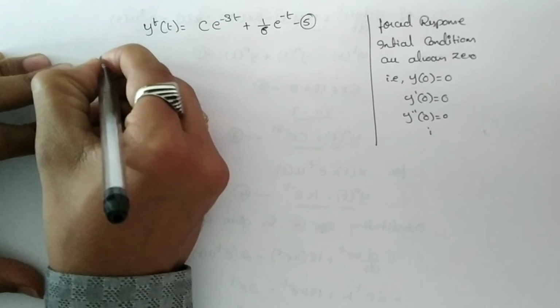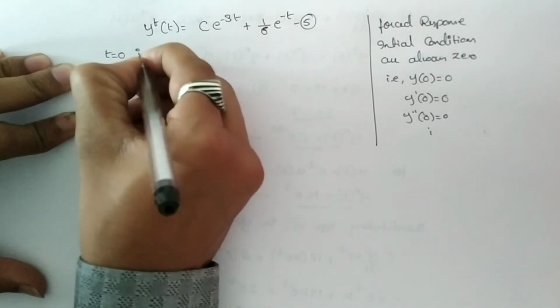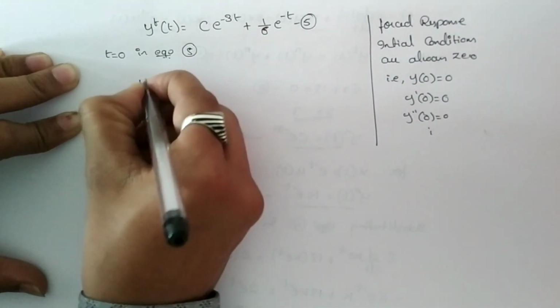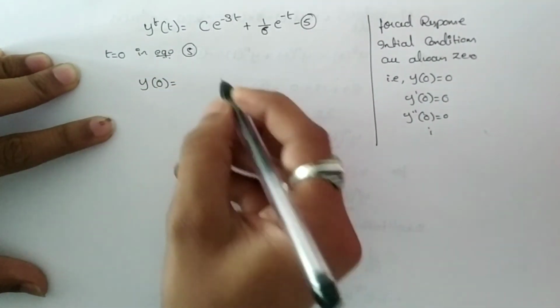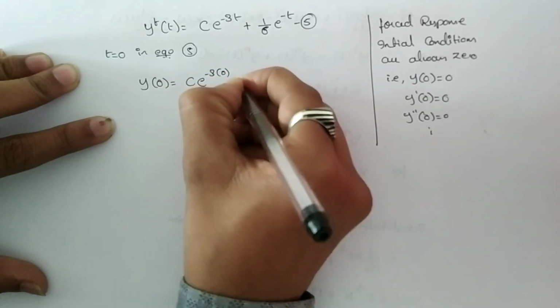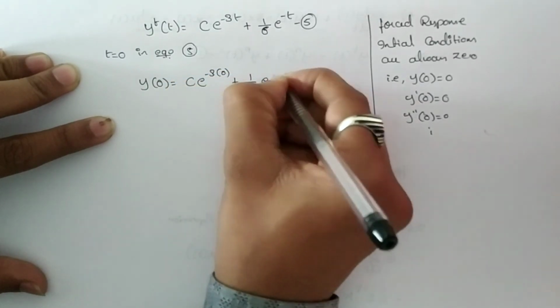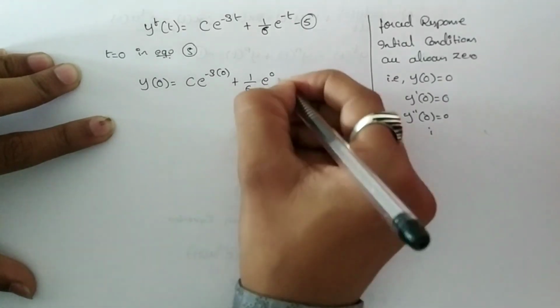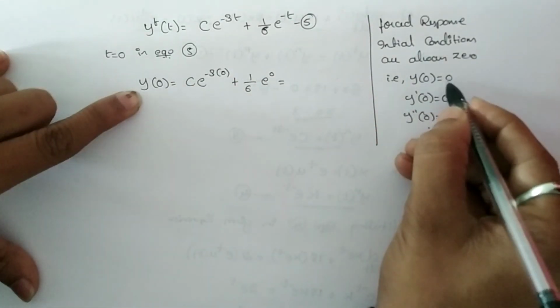And substituting t is equal to 0 in equation 5, we get y of 0 is equal to c times e power minus 3 times 0 plus 1 by 6 times e power 0. E power 0 is 1, and the value of y of 0 is 0.